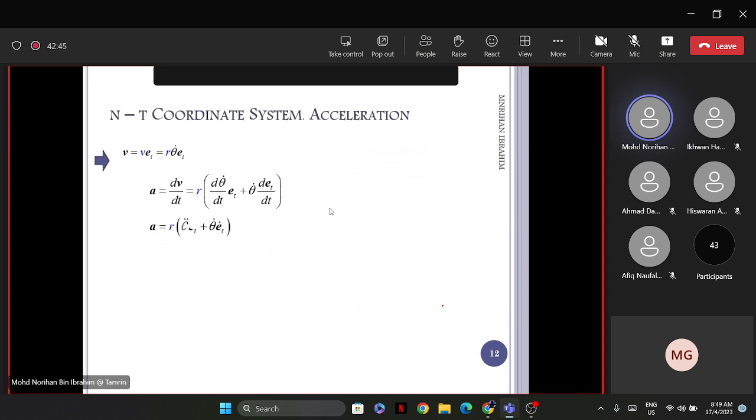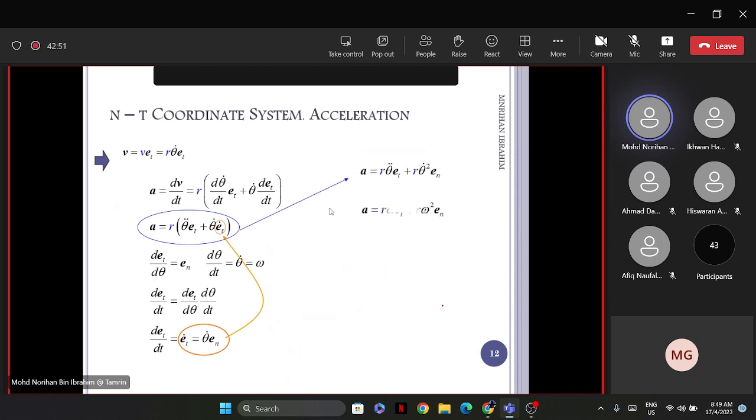So here is the derivation process on how to obtain the acceleration equation. It takes the time derivative of these velocity equations, applying the chain rule of calculus.